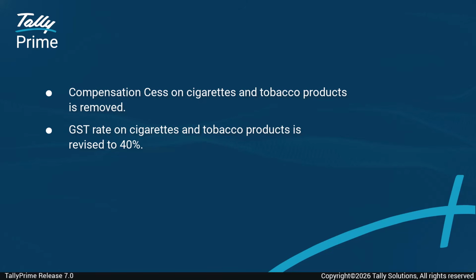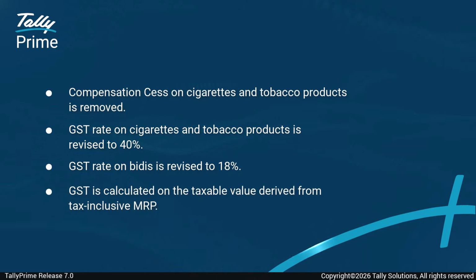The GST rate for cigarettes and other tobacco products has been revised to 40%. The GST rate for BDs has been revised to 18%. GST is now calculated on the taxable value derived from tax-inclusive MRP and not on the actual selling price.